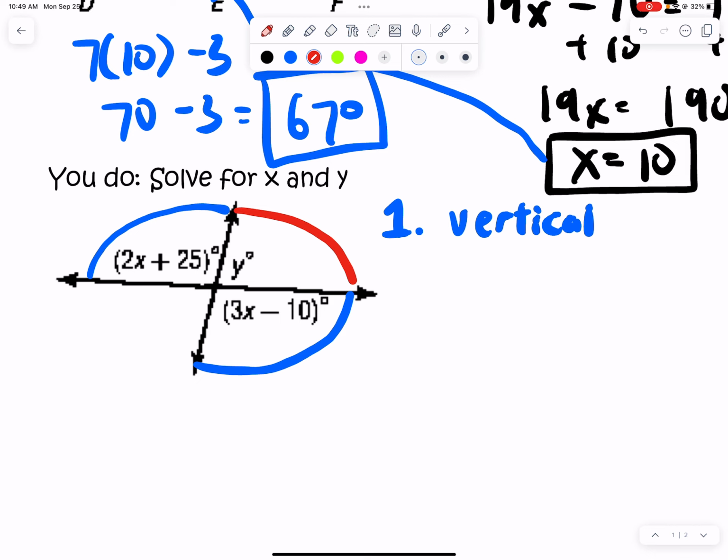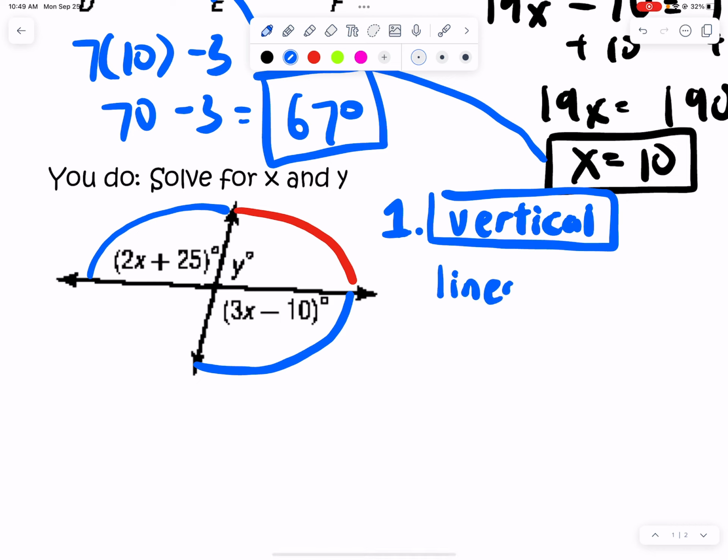So for this one, there are actually two labels. The first label is that the blue ones are vertical. The second is that the blue one and the red ones are linear pairs. So in order to find the red one, you need the blue one. So we probably shouldn't find y first. We should find what x is first to help us find y.